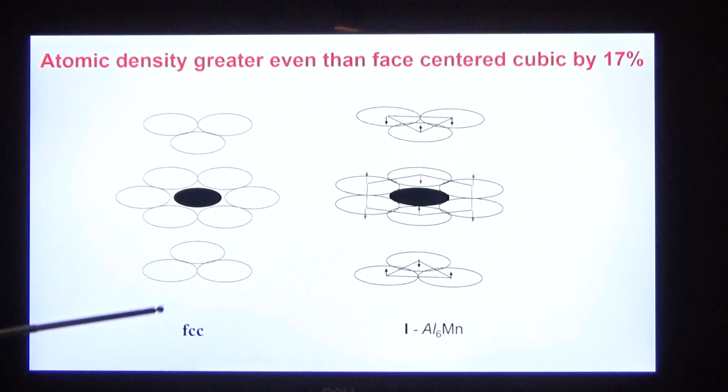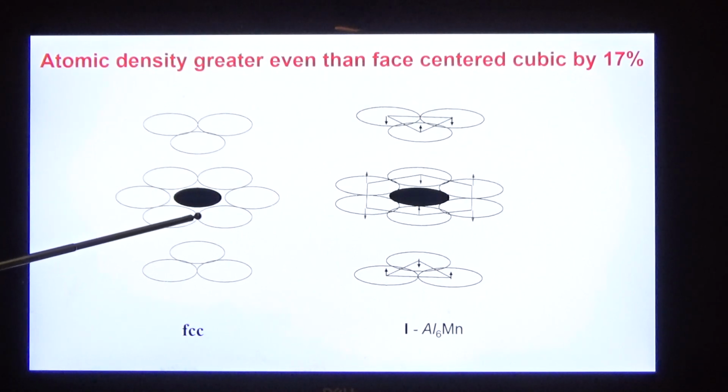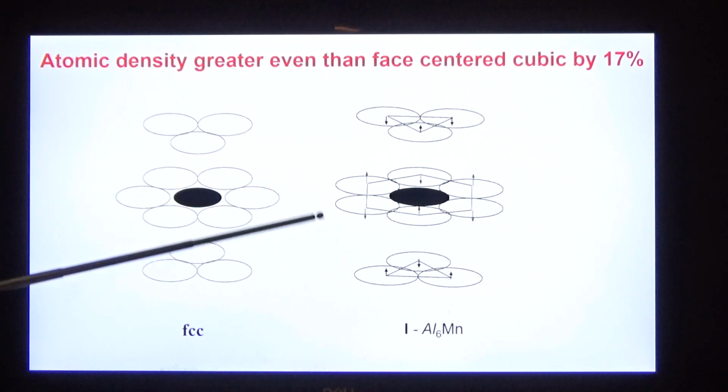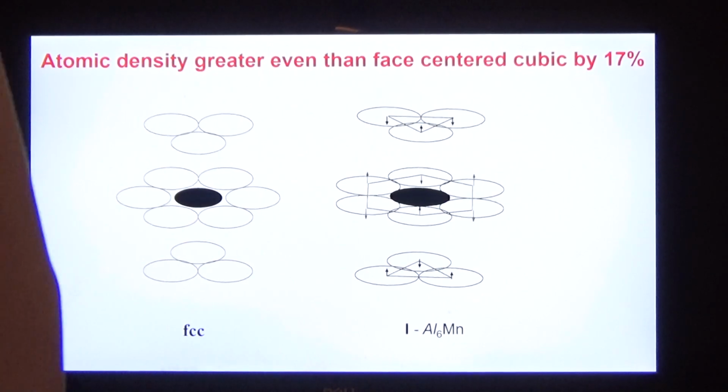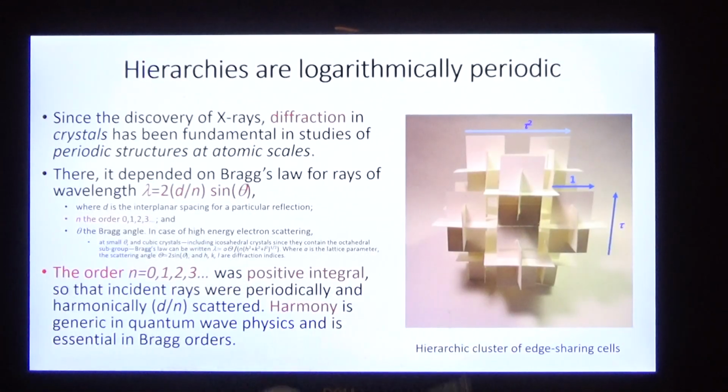It's face-centered cubic, which is already dense, and the small atom rattles inside a cage of aluminum atoms. But when it condenses to the icosahedral phase, the rattle space is squeezed out and the density increases by 17%. And this is energetically favorable for the icosahedral phase.